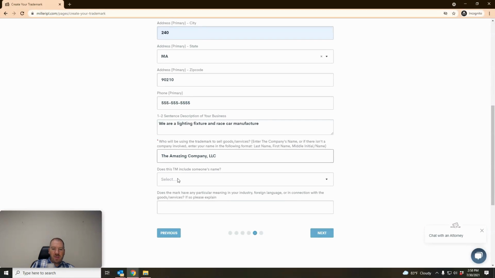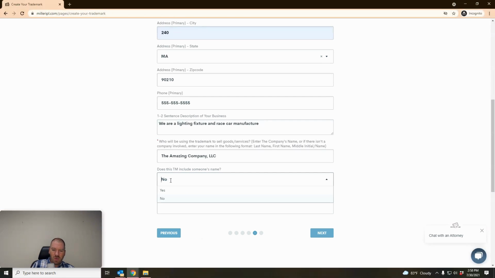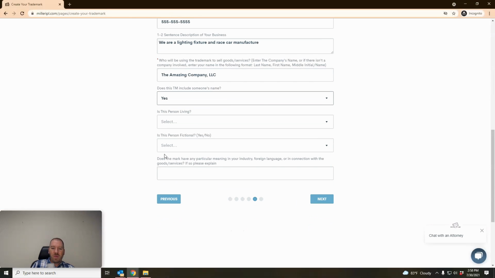Another thing you'll do is indicate whether this mark includes somebody's name. So if it includes your first name, your last name, or somebody else's first or last name, we just need some additional information. If it's no, just click no. That's a simple one. If it is, we just need a bit more information. Is this person living? If yes, then you put yes. If they're dead, indicate that.